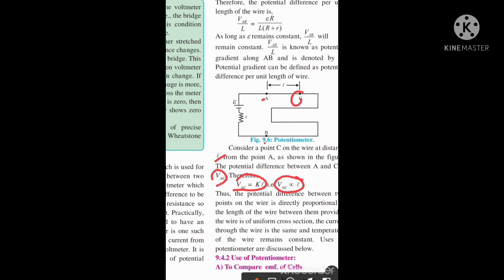Using that principle, this potentiometer instrument works.